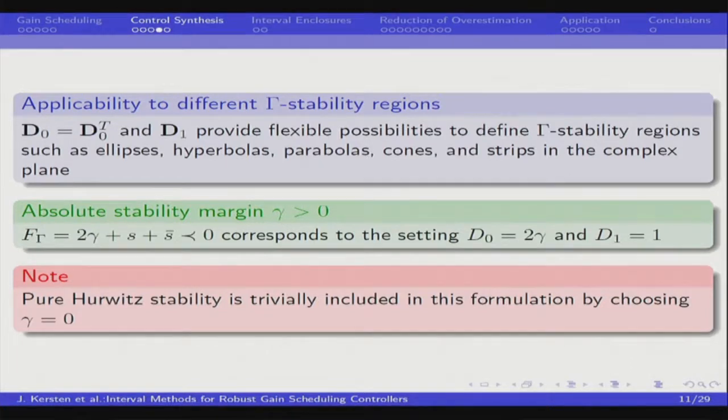So, as an example, I choose the absolute stability margin. That means that D0 equals 2 times gamma, and D1 becomes just 1. So note that if there is no stability margin, if we just use pure Hurwitz stability, the gamma is trivially set to 0.